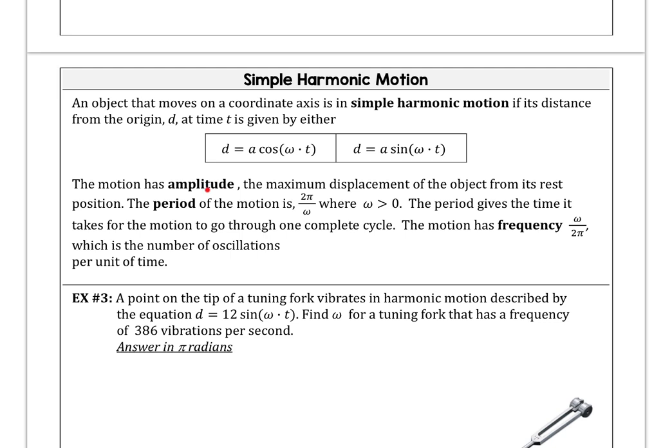The motion has amplitude, the maximum displacement of the object from its resting position, and the period is 2 pi over omega, where omega is positive, and the period gives the time it takes for the motion to go through one complete cycle. The motion has a frequency, omega divided by 2 pi, which is the number of oscillations per unit of time.